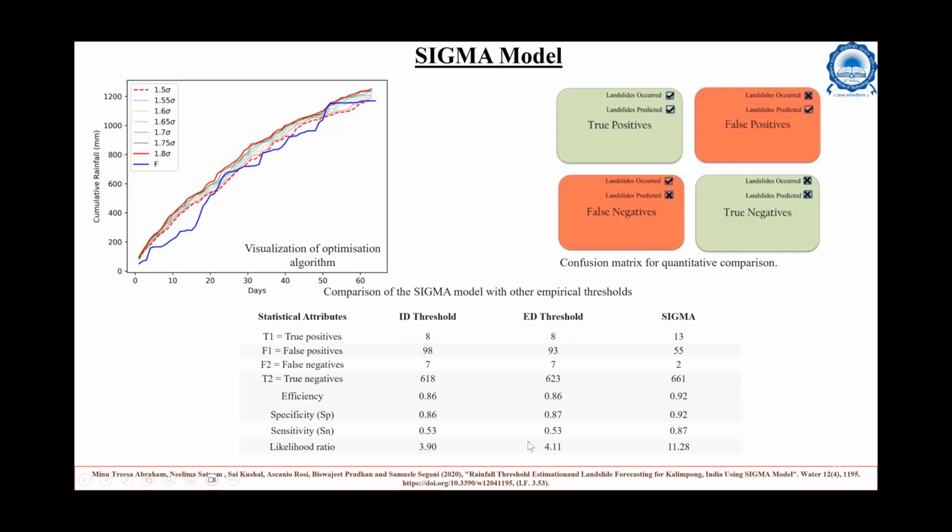These are some of the parameters by which the performance of each model has been evaluated. We got a higher likelihood ratio for the sigma model for the study region. So this is the first part of my talk, wherein we put all the threshold models, starting from the empirical ID thresholds to the highly advanced sigma models.